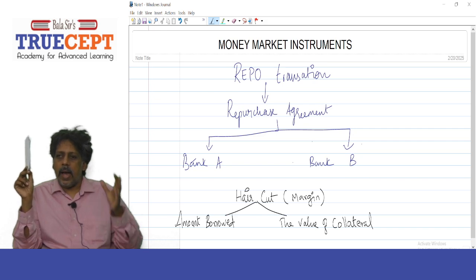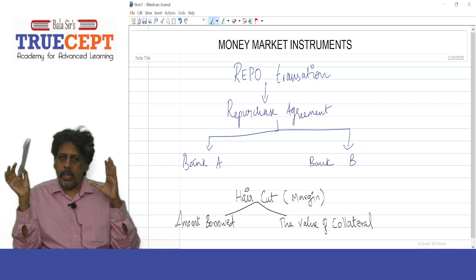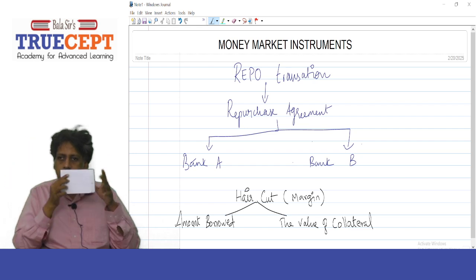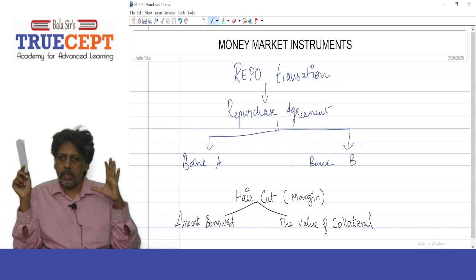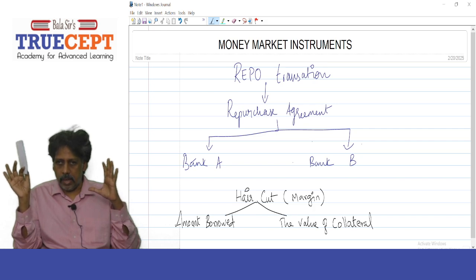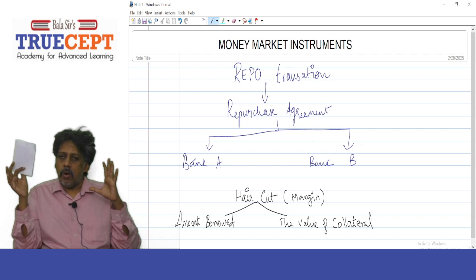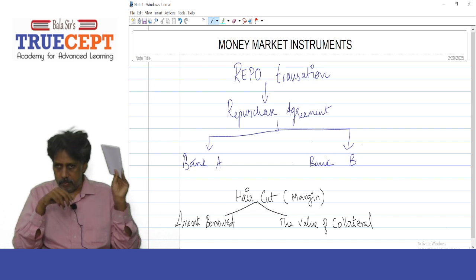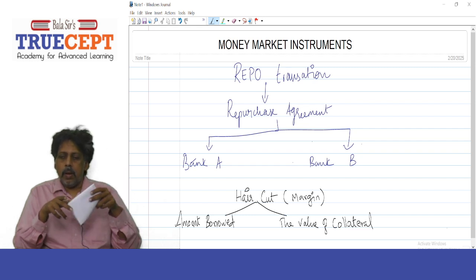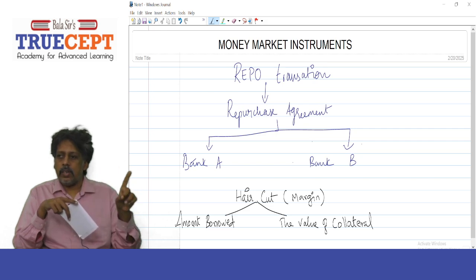Let us say these investments have a market value of rupees 1 lakh, for example. Bank A can take these investments and sell them to banker B today.